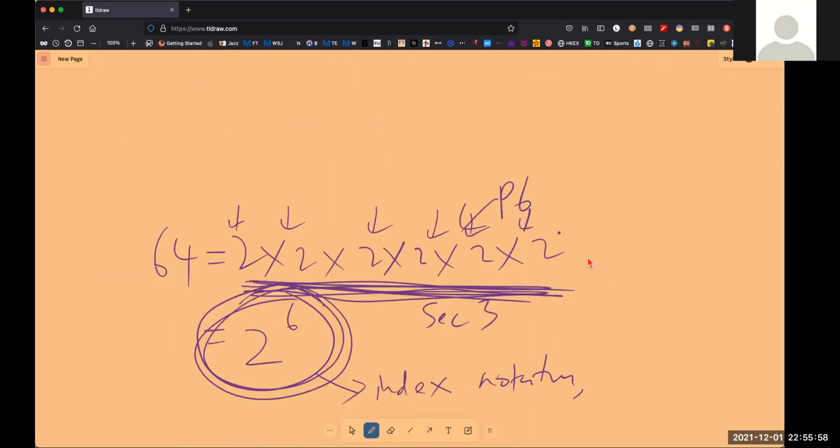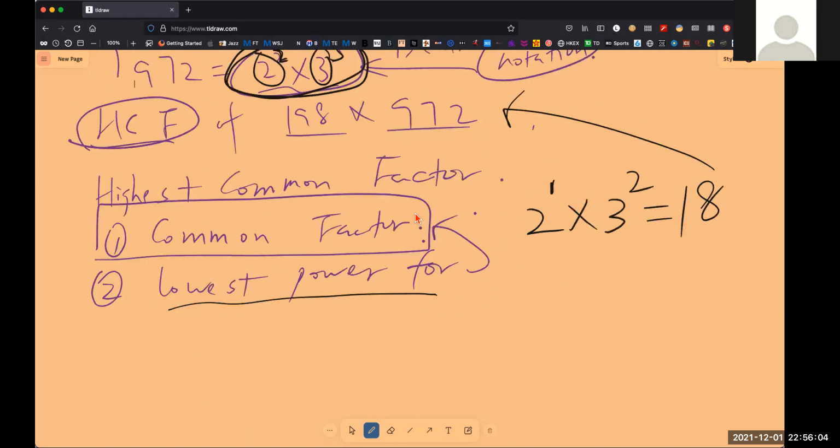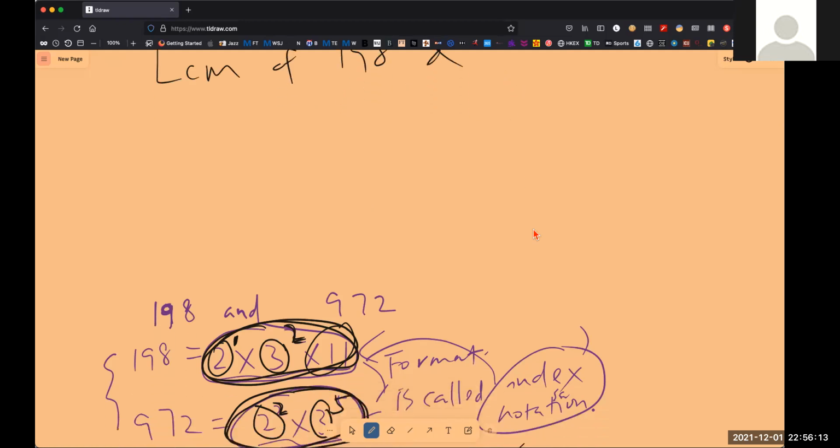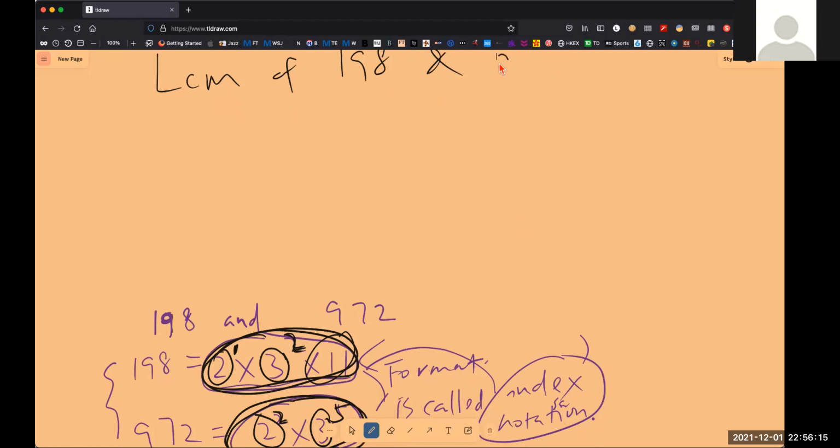Then what about the LCM? LCM of 198 and 972.